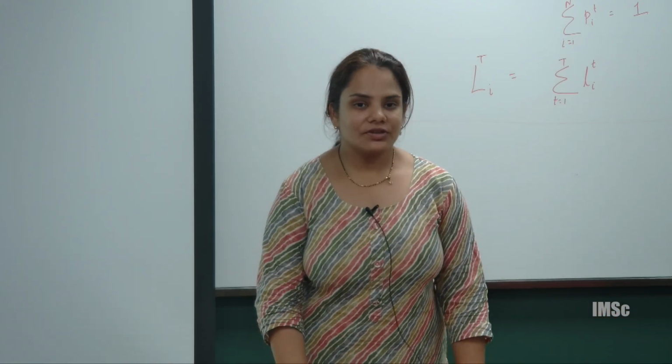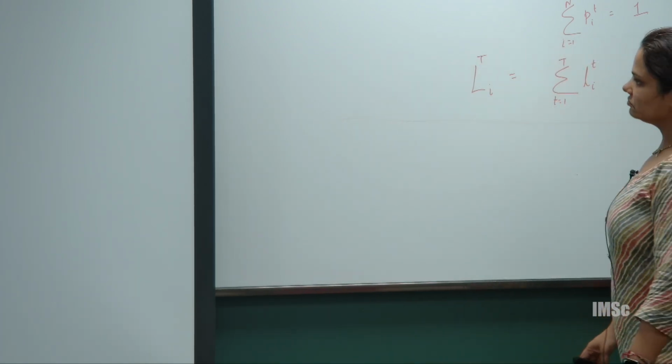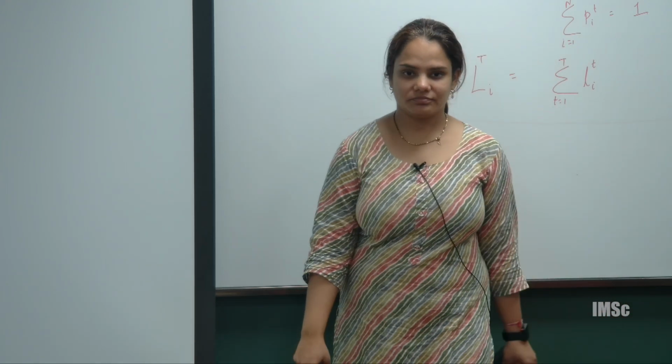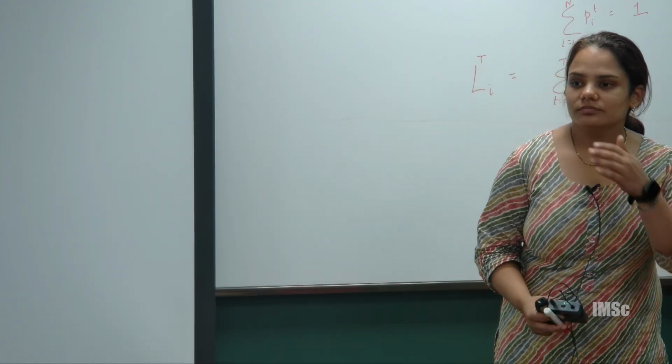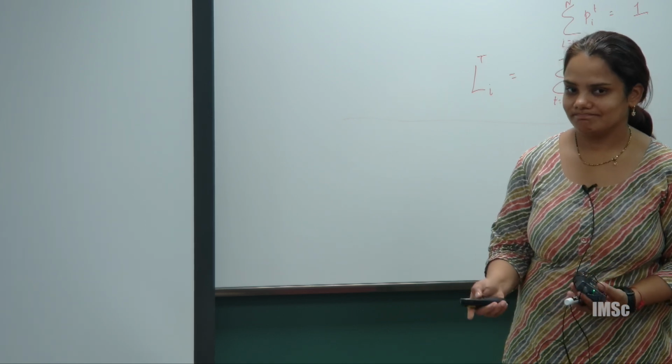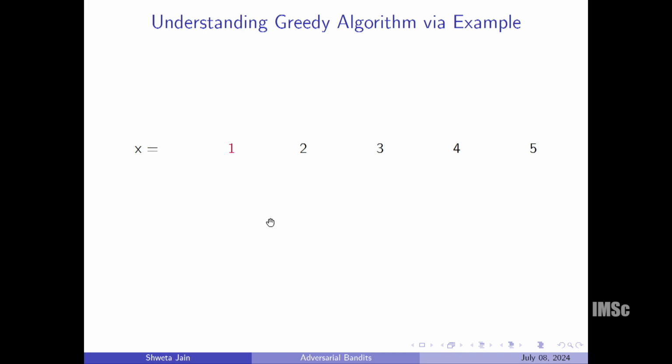So what can we say about the regret guarantees? Any ideas? Let us try to see an example. Suppose I have 5 arms. Let us see what the regret will be with respect to 5 arms. In the first round, what will I do?